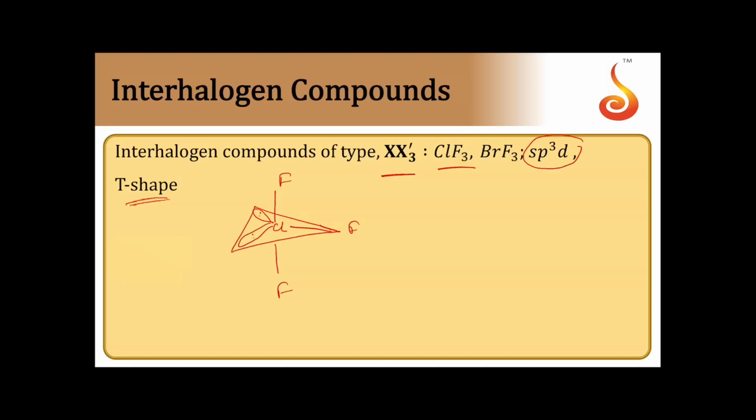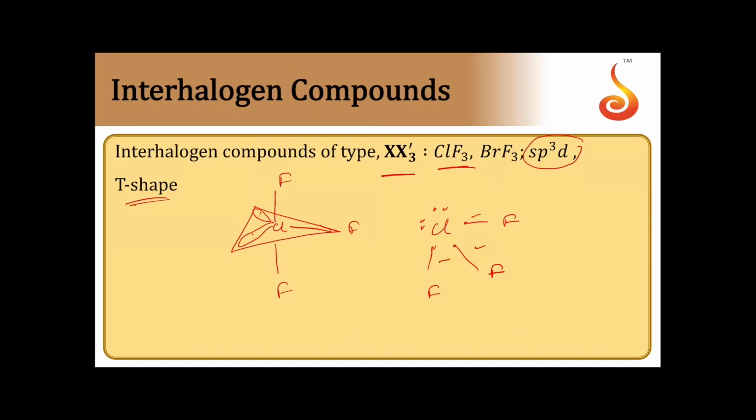Therefore, the structure is a T-shaped molecule. To see the number of pairs, chlorine has totally 7 valence electrons, 1, 2, 3, 4, 5, 6, 7. And there are 3 fluorine atoms forming bonds, so 1 fluorine bond here, 1 more here, and 1 more here.